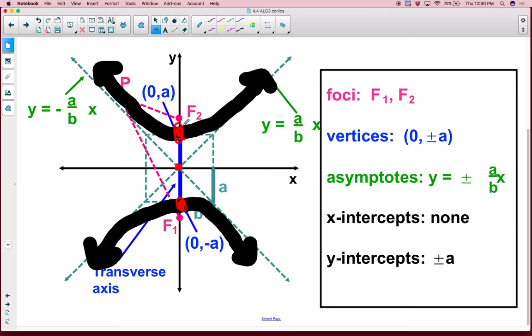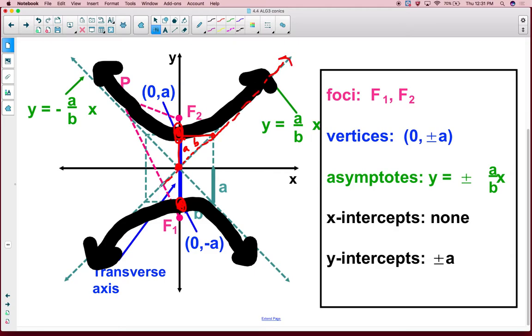In the central rectangle, we're going to go up a units, and we're going to go over b units. So from here to here is a, and from here to here is b. This is going to be called the central rectangle, and then I'm going to draw in my asymptotes, here are my asymptotes, by looking at the diagonals of your central rectangle.